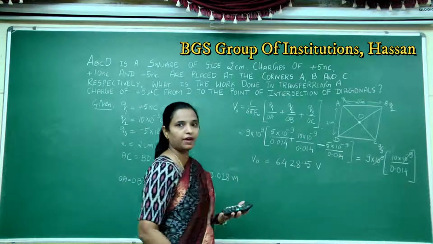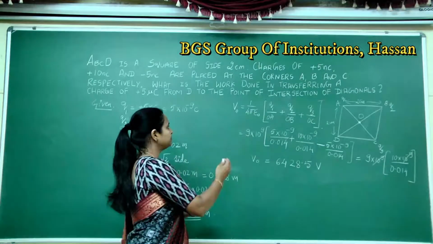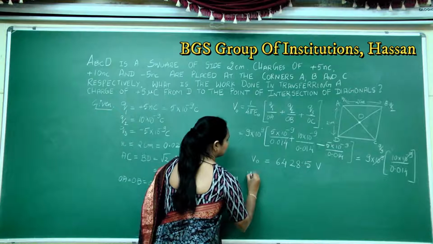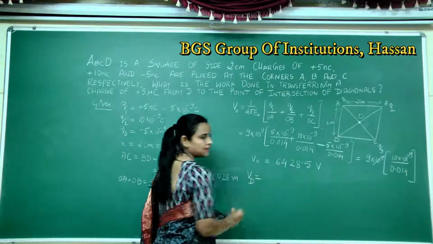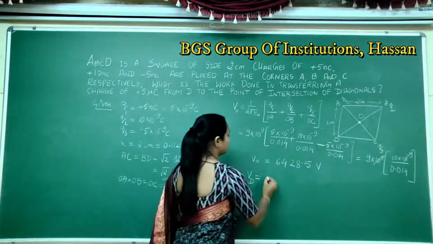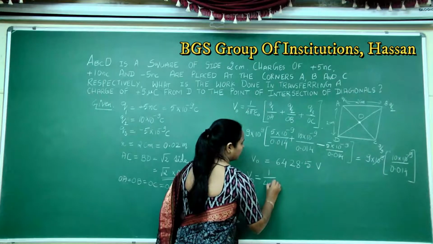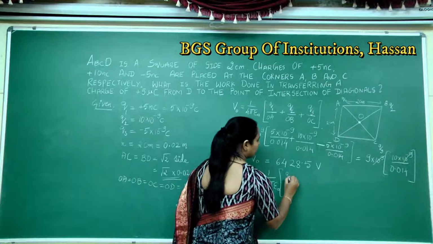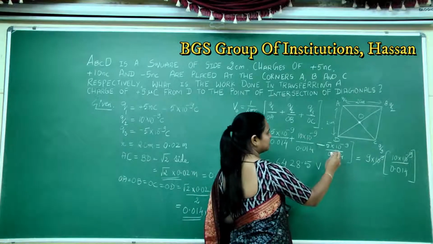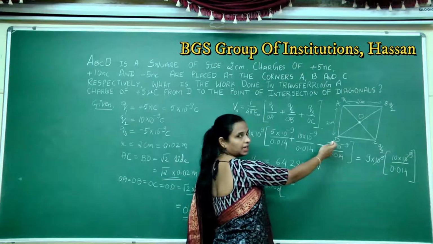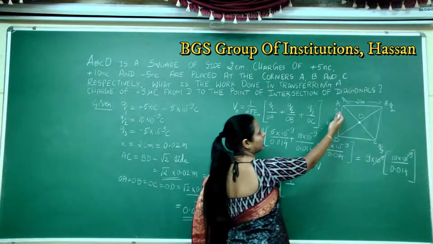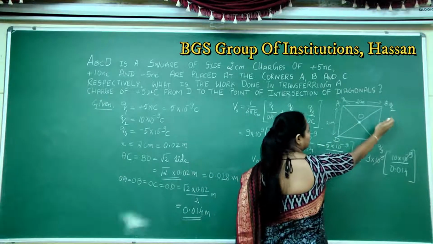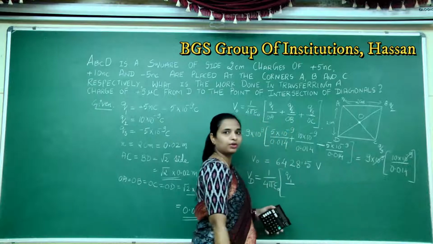In the same way, we have to calculate the potential at D, and that is taken as VD. So what is the formula for VD? 1 by 4 pi epsilon naught Q1 divided by, see here, the potential at D is due to the charge Q1, Q2 and Q3.